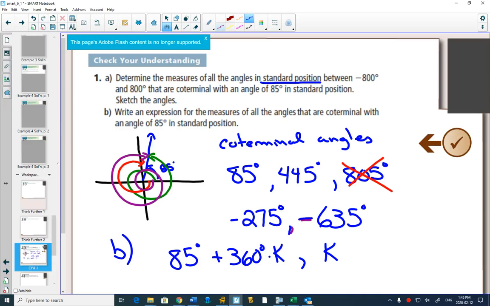But k could be, you could add 360 once, you could add 360 twice, you could add 360 3 times, 4 times, 5 times, 6 times, or you could subtract it once, you could subtract it twice, you could subtract it 3 times. What are those numbers? They're whole numbers, but they're not just positive whole numbers. They could also be negative whole numbers. What do we call those numbers? Integers. So we say that k belongs to the integers.